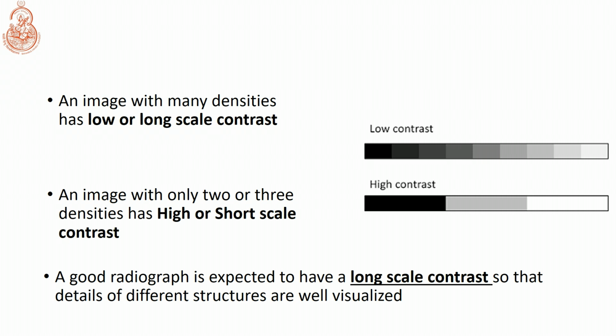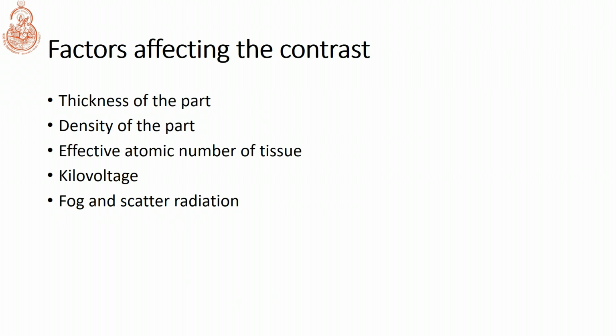A radiologist should always be looking for a long scale contrast in front of him, so that he can identify each structure separately to have a proper diagnosis. A good radiograph is expected to have a long scale contrast, so that details of the different structures are well visualized.